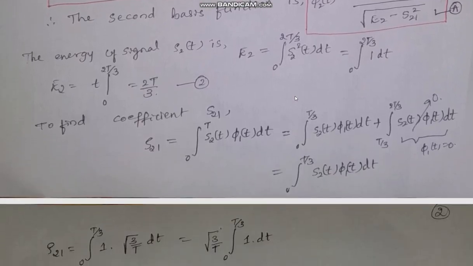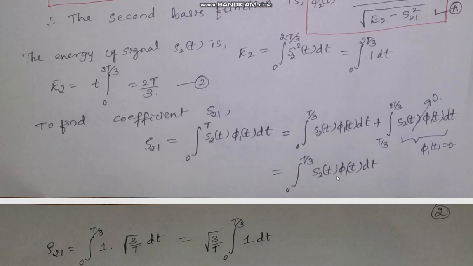So in this we can divide the interval between 0 to T by 3 and T by 3 to 2T by 3, and again you can say 2T by 3 to T. In the other intervals we are going to get the value as 0. Only in this interval we can have an answer, correct?